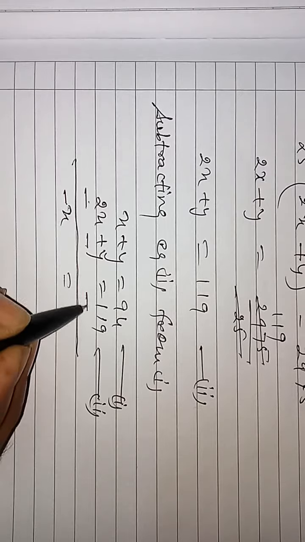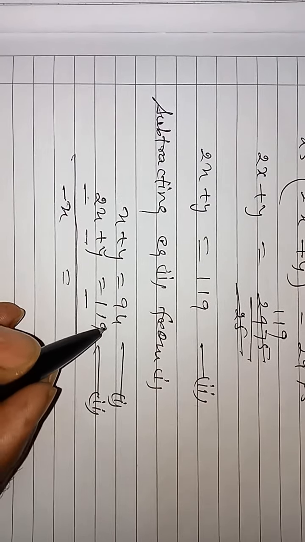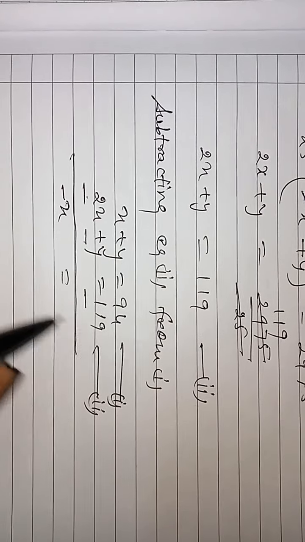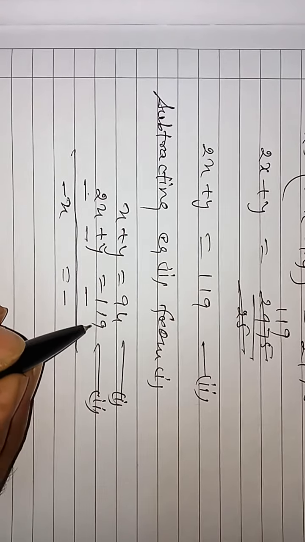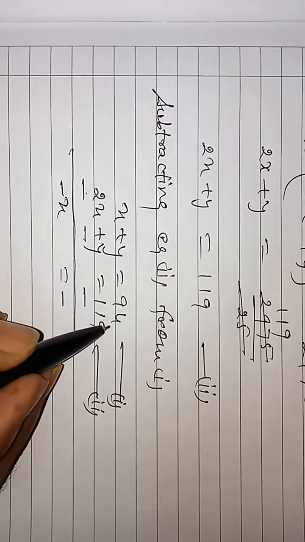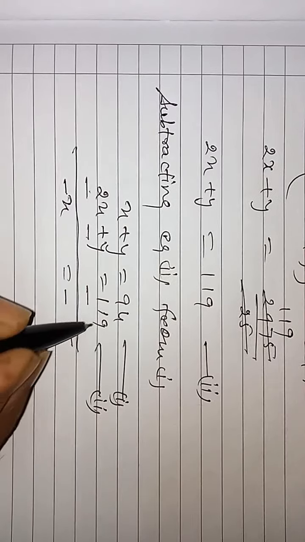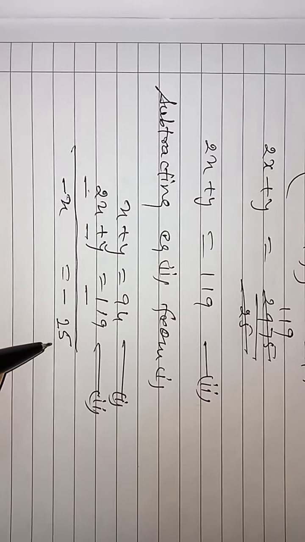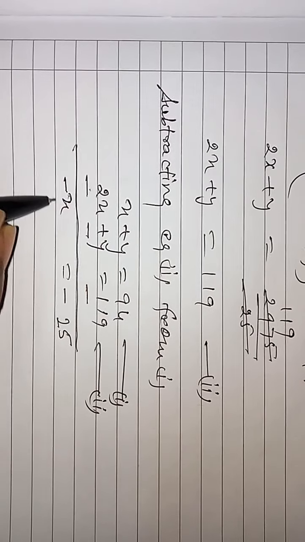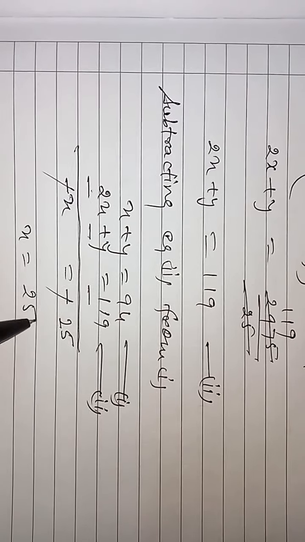Similarly here, the absolute value of minus 119 is greater than that of 94, therefore the sign will be negative, and subtracting 94 from 119 we get 25. So minus cancelled, x = 25.